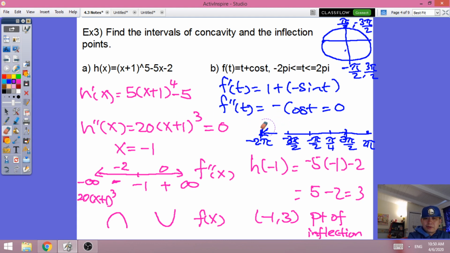So just plug in a number and test it and find out exactly what the signs are, whether that's positive or negative. So we do have 1, 2, 3, 4, 5 intervals that need to be tested. So from negative 3 pi over 2 to negative pi over 2, we can test negative pi right here.